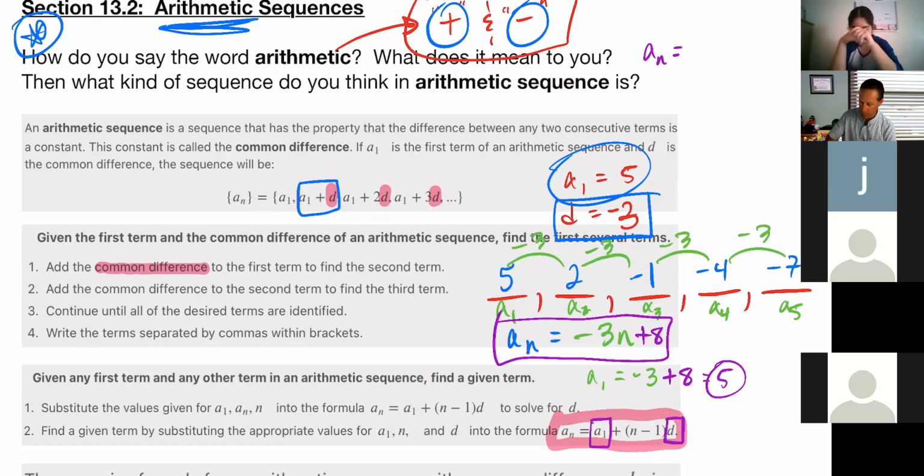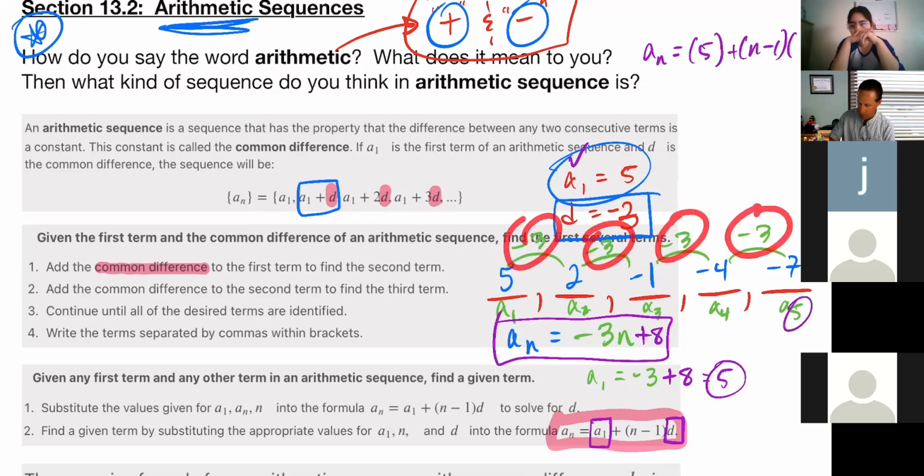And so they gave me the first term was 5, plus we're going to do n minus 1 times that d, because for 5, I had to do 1, 2, 3, 4 of those common differences d to get to that fifth term. So that's why it's n minus 1. And I said that the d common difference was -3.